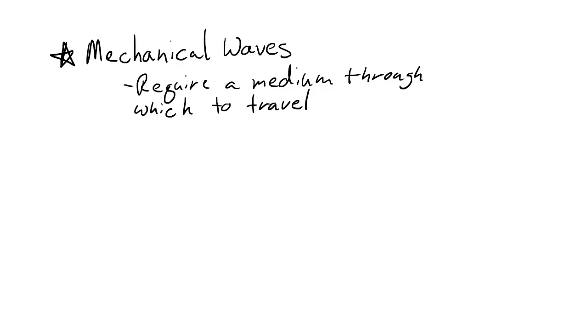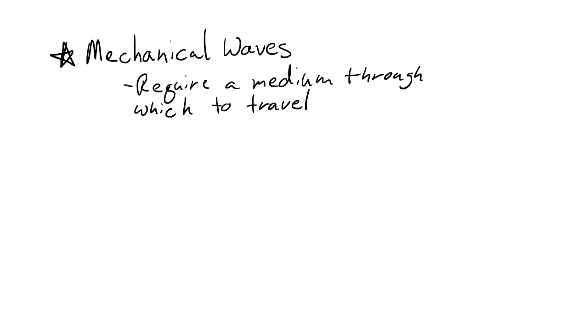For example, an ocean wave's medium is water. A sound wave's medium is air. So it's something made of particles that the wave can vibrate back and forth as it moves through that substance.